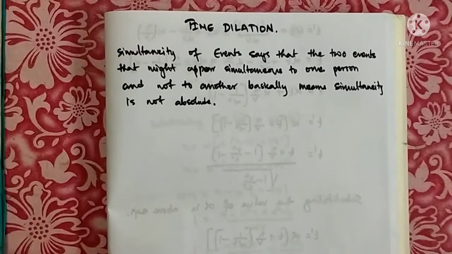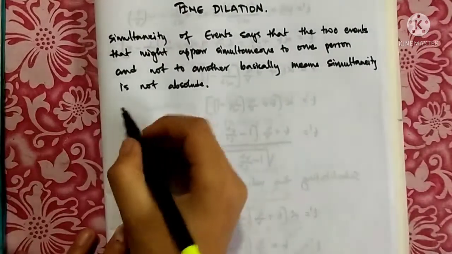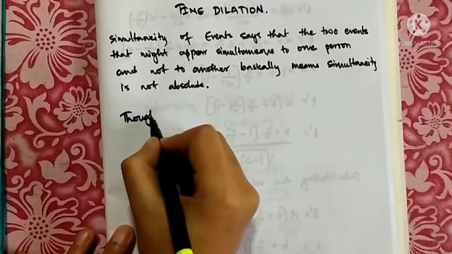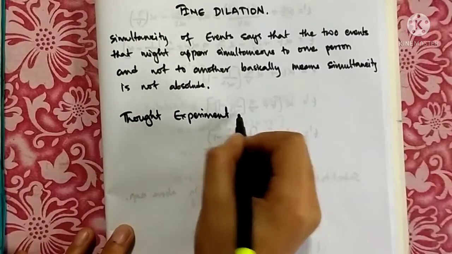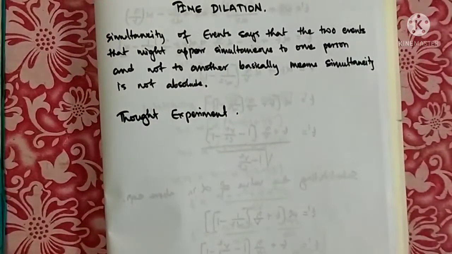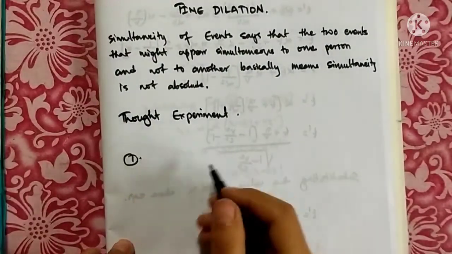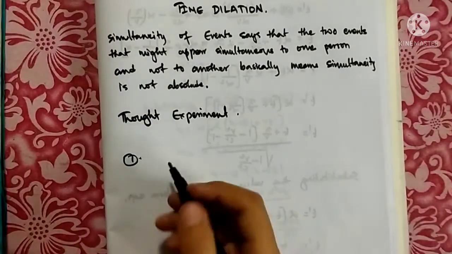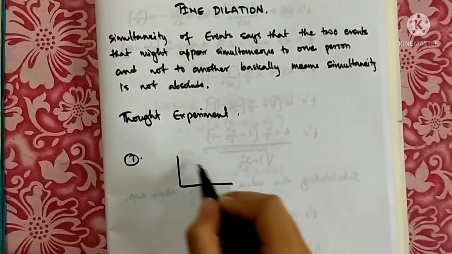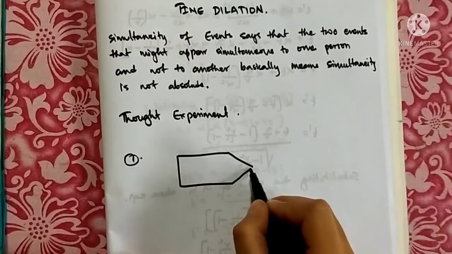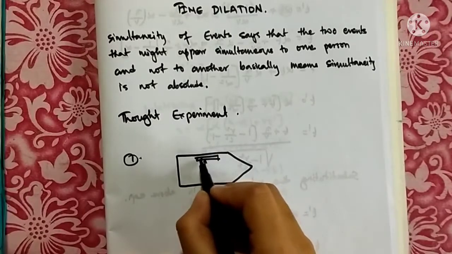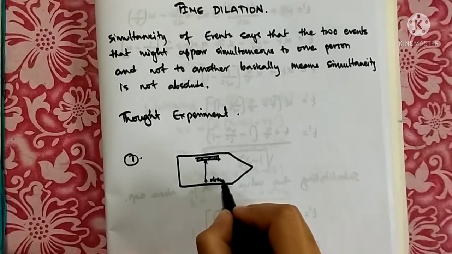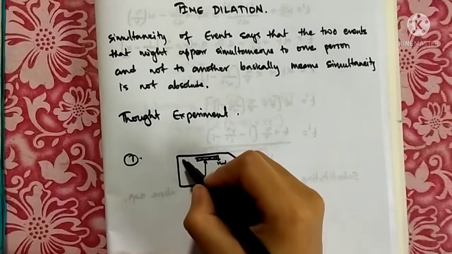Now we will discuss that by doing a thought experiment. In this we have two cases. Number one is inside the spaceship. Inside the spaceship, here is the observer, here is the mirror, and the distance between them.